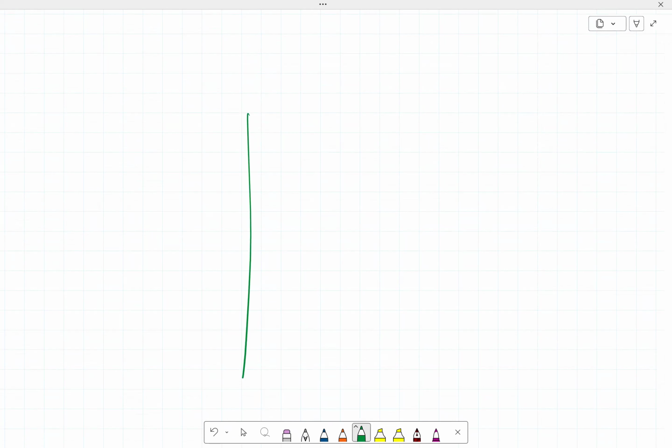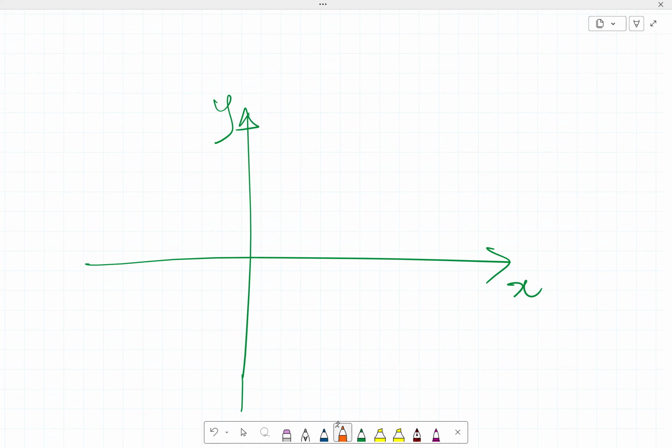Okay, let me plot all the points in one place. So you have x, you have y. Let me even label, and do a better job of labeling so we can have a bit of clarity as much as we can.